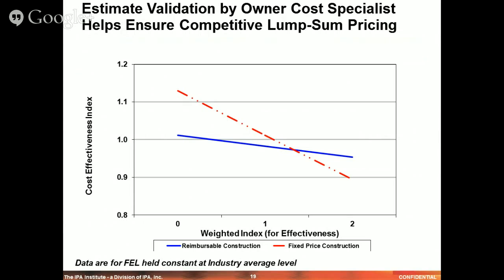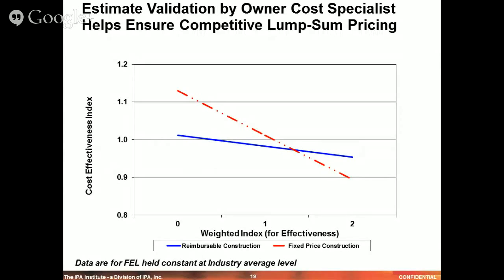And what you see in both the red line, which is for fixed price construction contracts, and the blue line, which is more of a reimbursable type of construction contract, is that the more comprehensive the estimate validation on the owner's side, the more competitive the project.